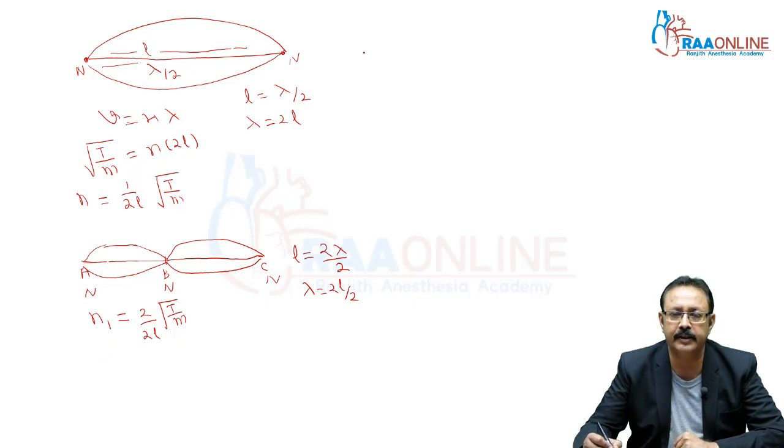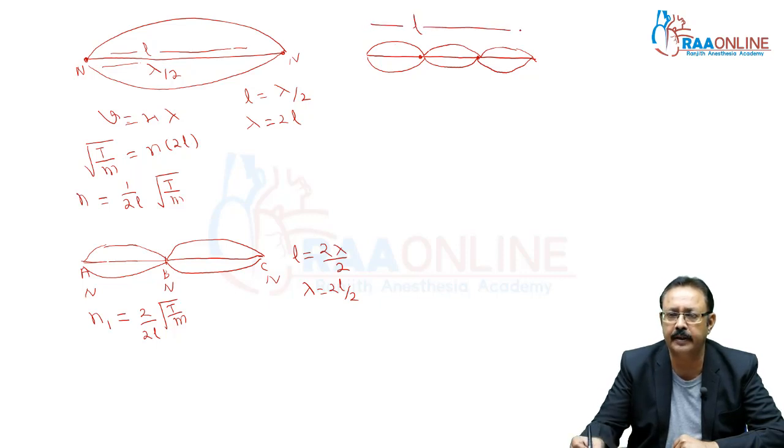But if you are fixing at 2 points like this, now vibrations are like this. It means now the length of your wire will vibrate like this: node, second node, third node, fourth node.